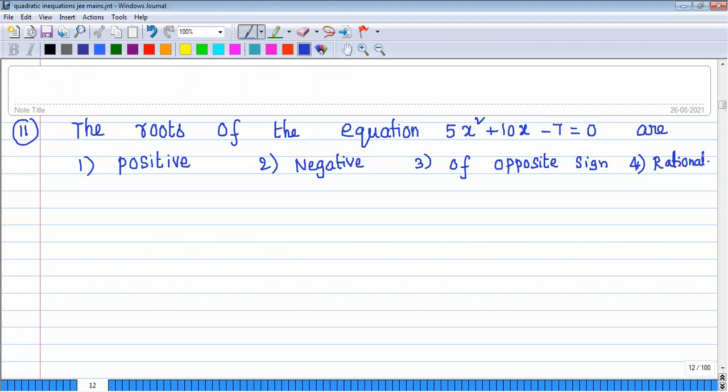Positive, sir. Both roots are positive. How?